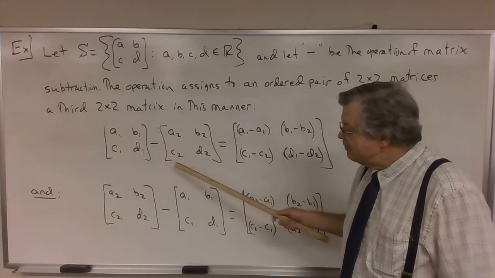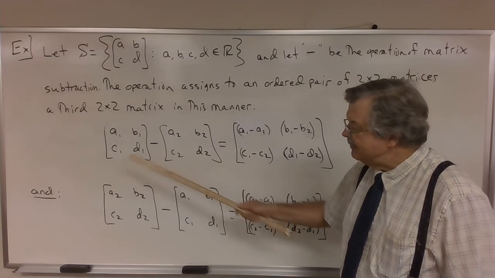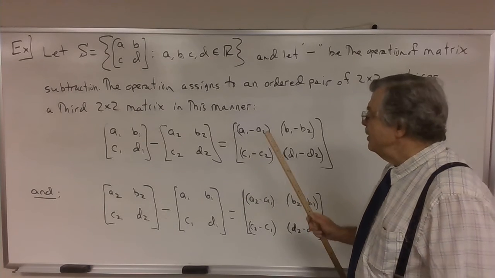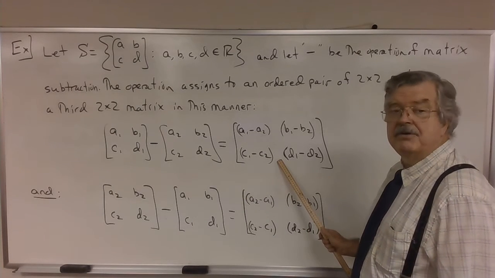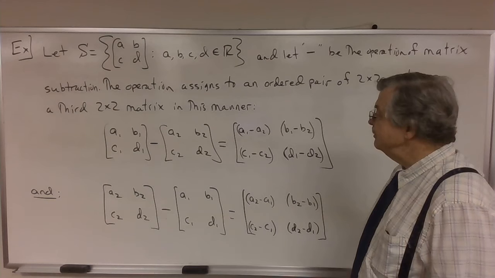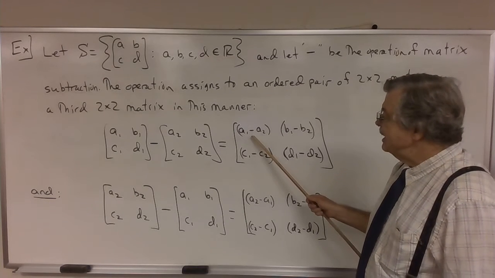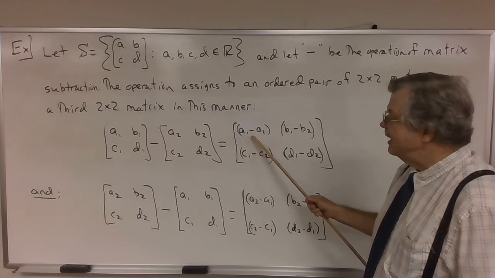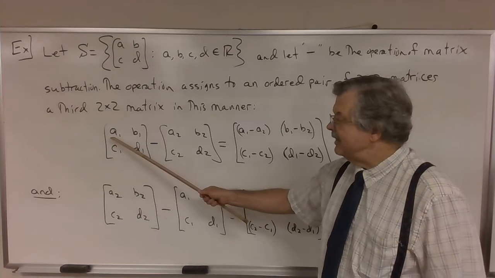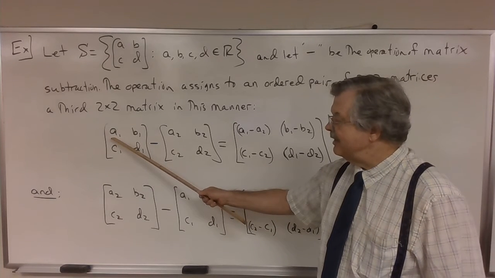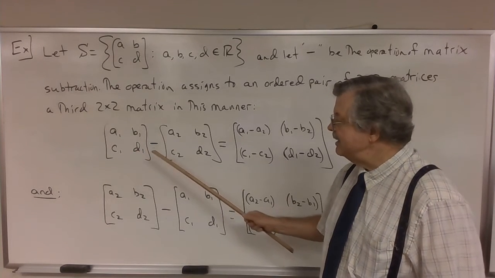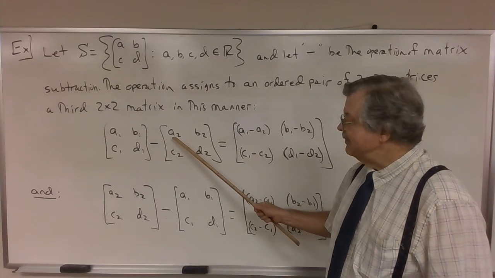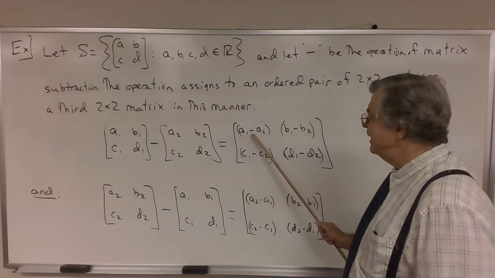To this ordered pair of matrices, first matrix, second matrix, we get a third 2 by 2 matrix with real number entries, where the entry in the first row and first column is the entry in the first row and first column of the first matrix minus the entry in the first row and first column of the second matrix.